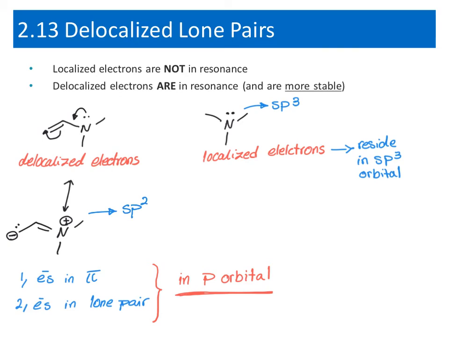Okay, because sp2 hybridization gives us 3 sp2 orbitals and 1 p orbital. However, sp3 can only give us 4 sp3 orbitals, if you remember. And electrons in this p orbital are participating in resonance.